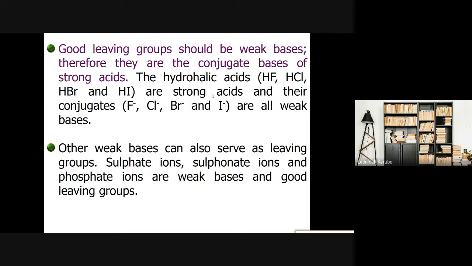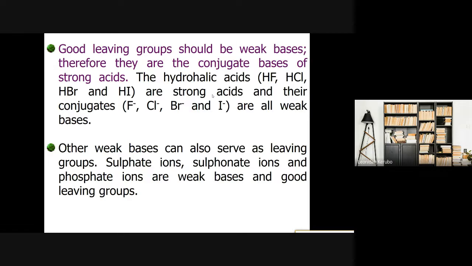How can you determine that? When you want to know whether a base is strong or weak, know the conjugate acid. If the conjugate acid is a strong acid, then it will lead to a weak base. If the conjugate acid is a weak acid, then it will lead to a strong base, like water leading to hydroxide, which ionizes out.